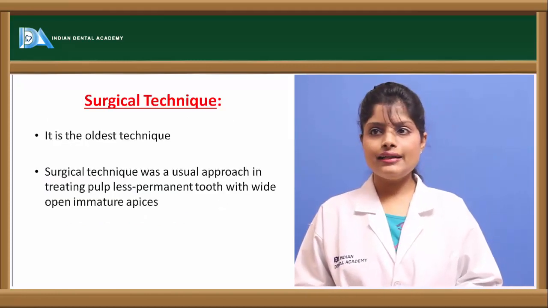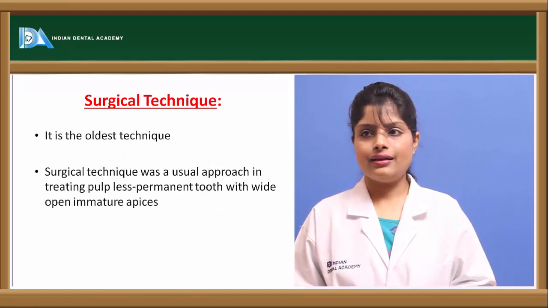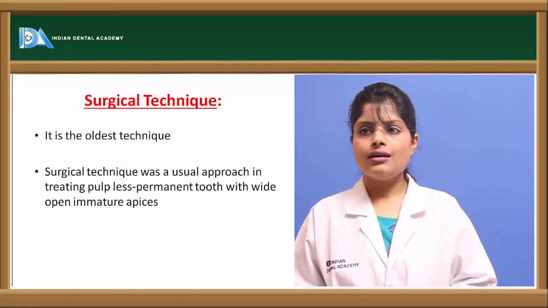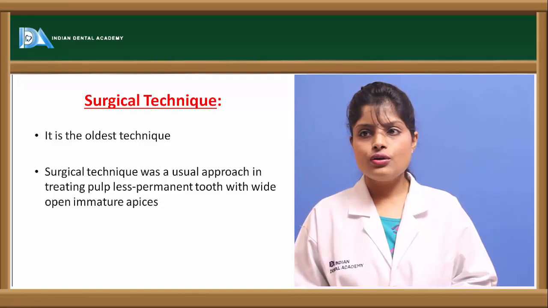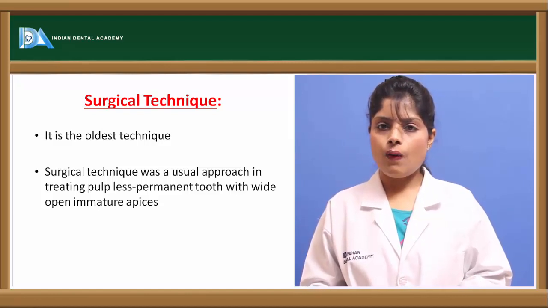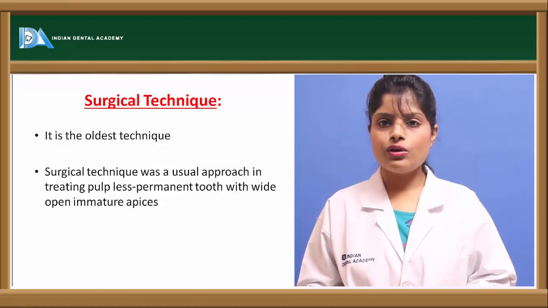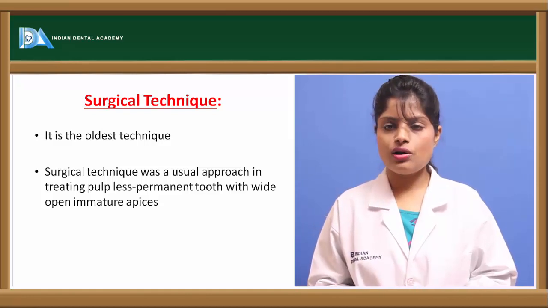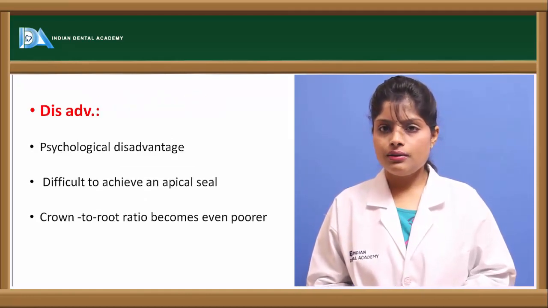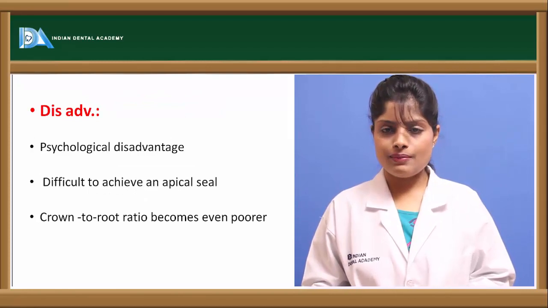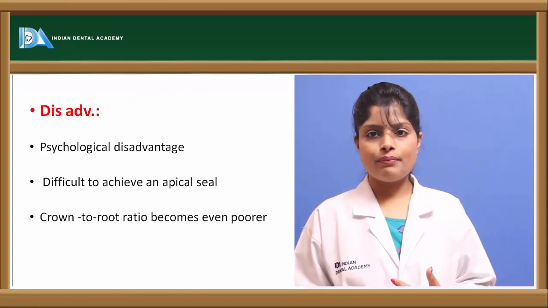The surgical technique is one of the oldest techniques. It is usually an approach of treating pulpless teeth or young permanent teeth with widely open immature apices. The procedure is that by opening the flap, the tooth will be exposed.